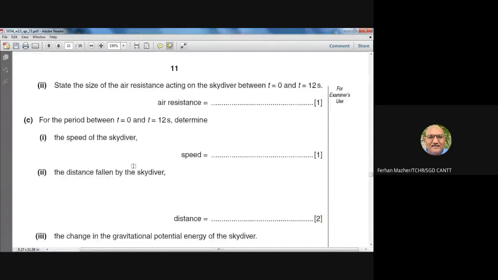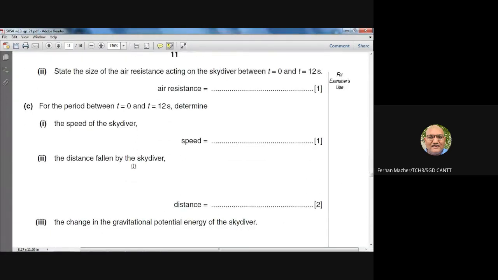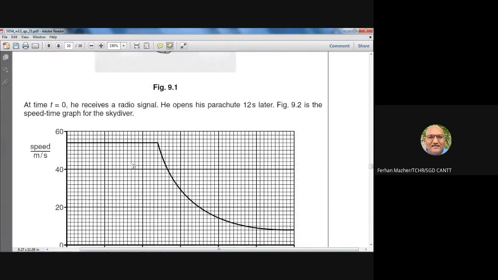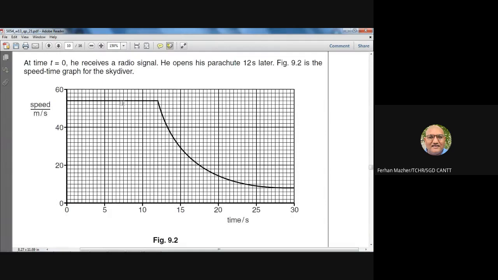The next question is: state the size of the air resistance acting on the skydiver between t equals 0 and t equals 12 seconds. You can see the speed is constant from time 0 to time 12.